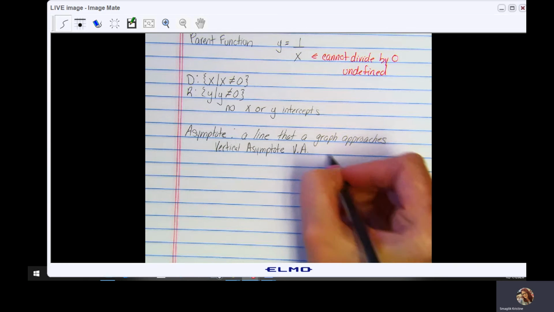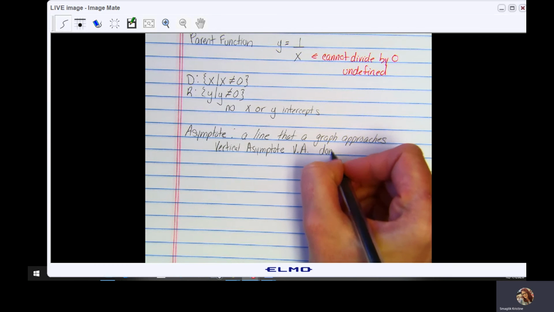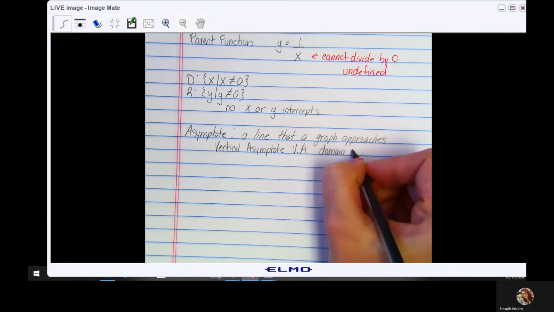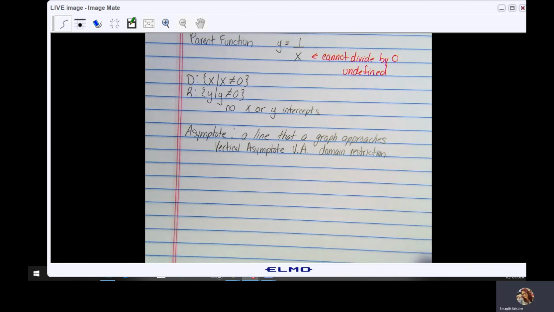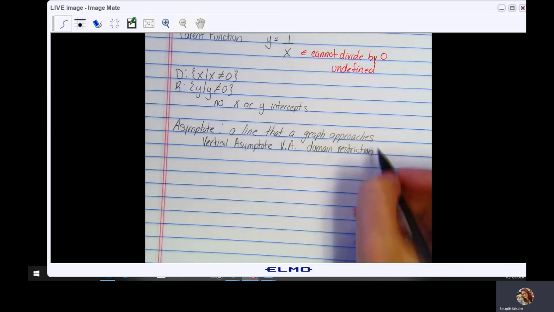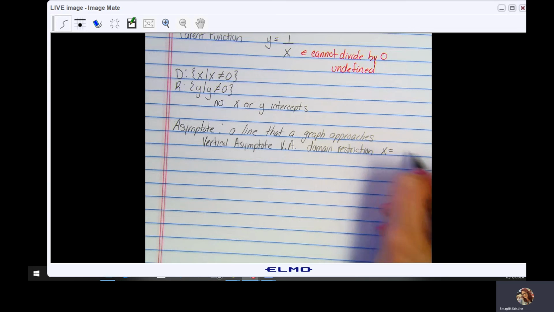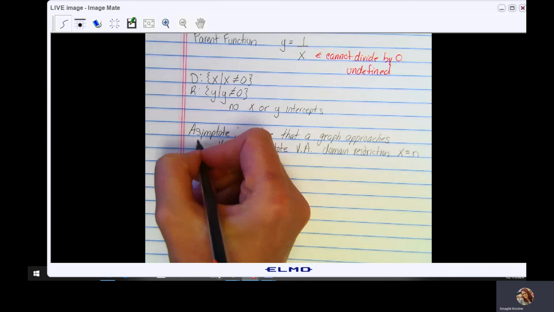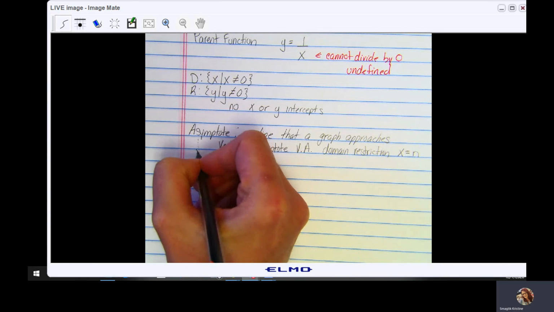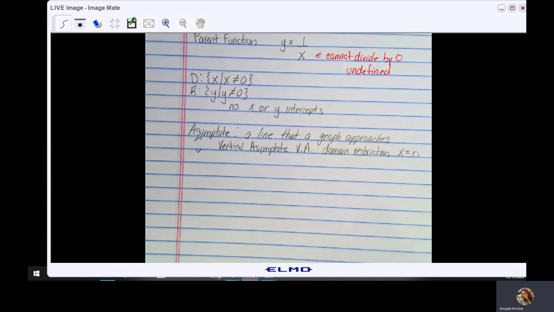And that occurs where you have a domain restriction. And it's going to be a line x equals some number. I'll just leave that as n. And of course, vertical line, and we usually draw these as dashes when we're graphing them.